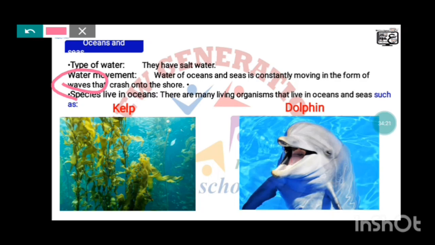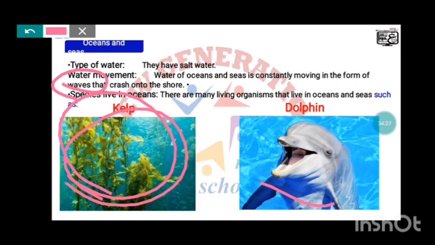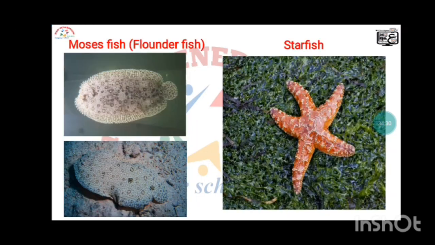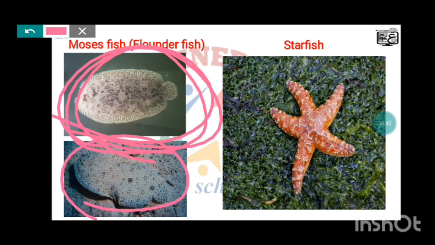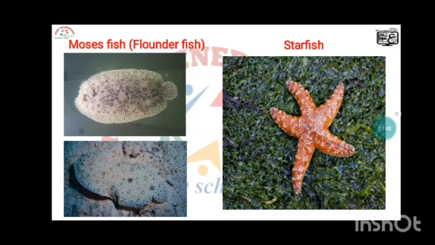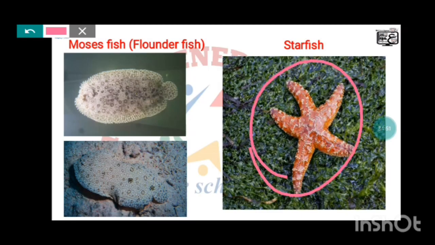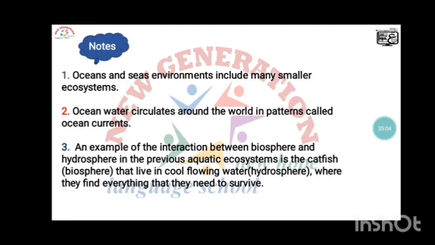Species that live in oceans or seas include kelp, dolphin, flounderfish, and the last one, starfish. Okay.